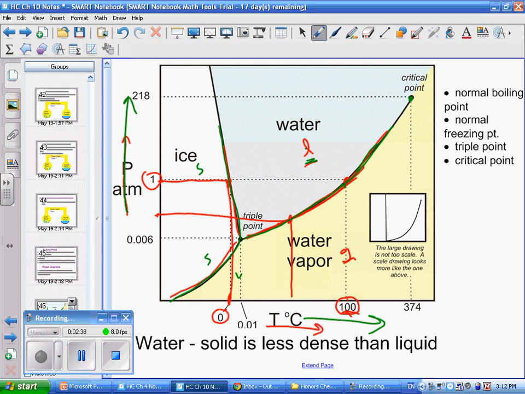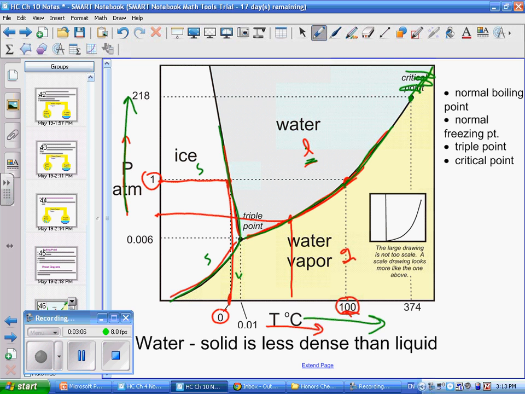The critical point is the highest temperature at which no matter how much I increase the pressure, I cannot get back down to a liquid. So you kind of have this hazy region where you're still in the water vapor phase. That's why you see this trailing off in this direction.